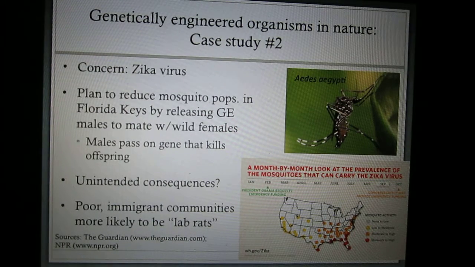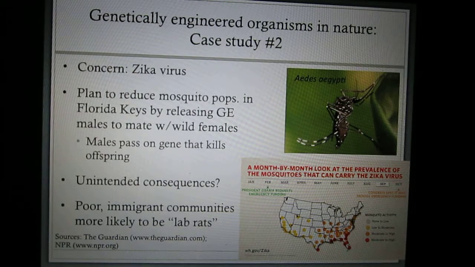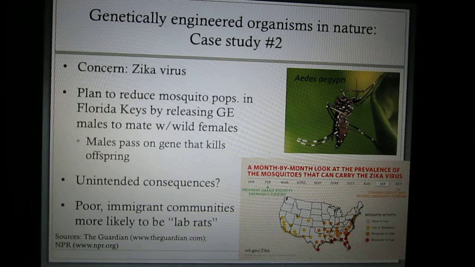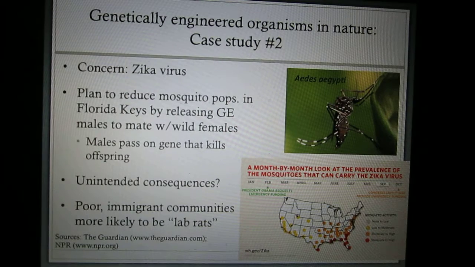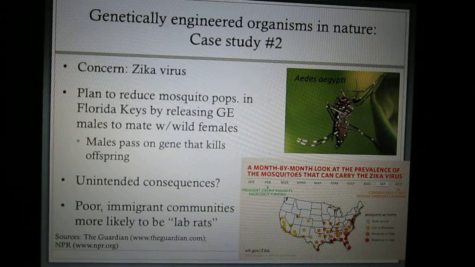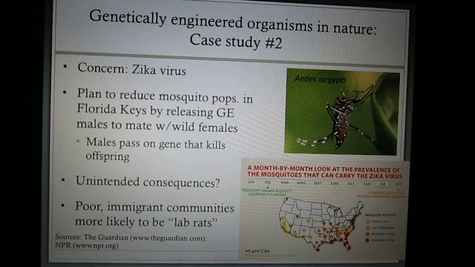Right now there's a British company that is planning to reduce mosquito populations in the Florida Keys by releasing genetically engineered males into the wild that will mate with wild females. The males pass on a gene that kills the offspring, so it prevents the offspring from reaching maturity.